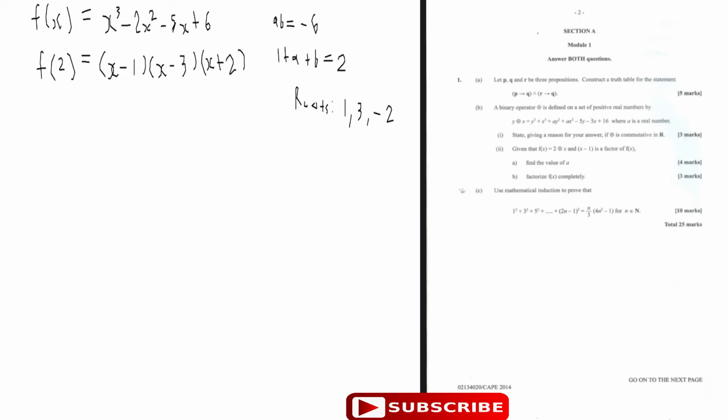You can check it: 1 times 3 plus 1 times minus 2 plus 3 times minus 2 will give you minus 5. So not all the time you need to be doing polynomial division. Just use sums and products of roots.